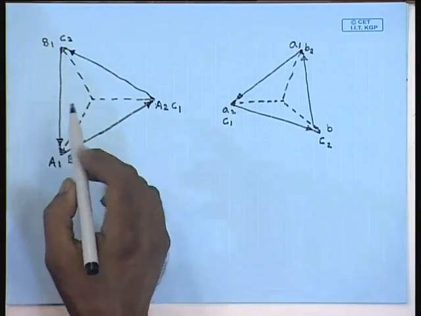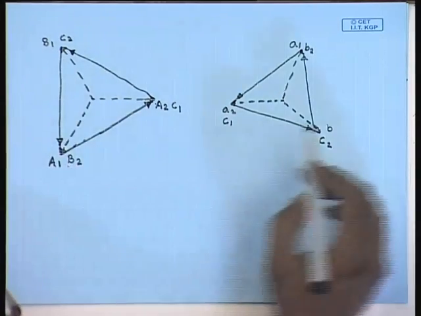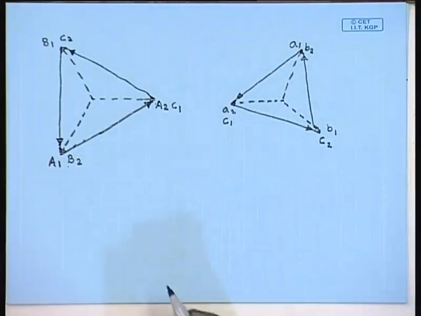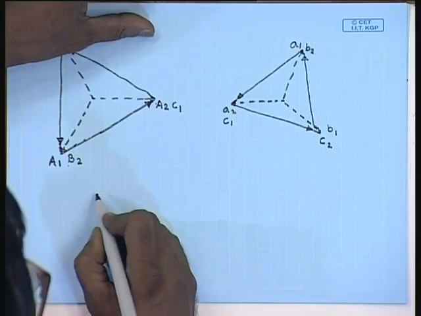So, we see that the winding voltages on the two sides are in opposite phase.